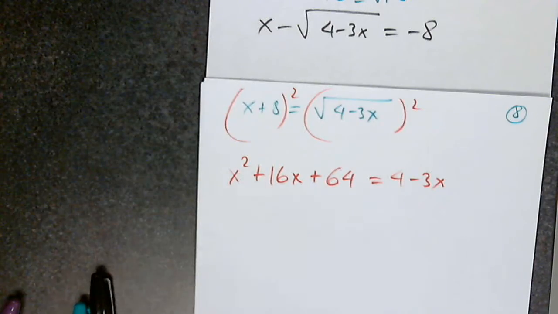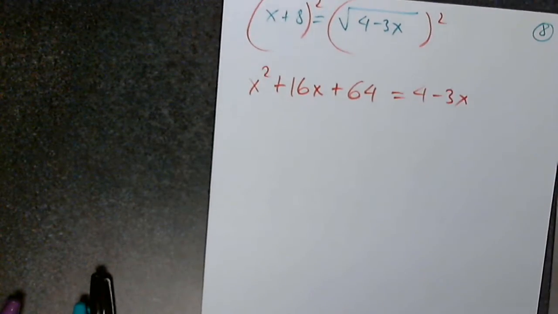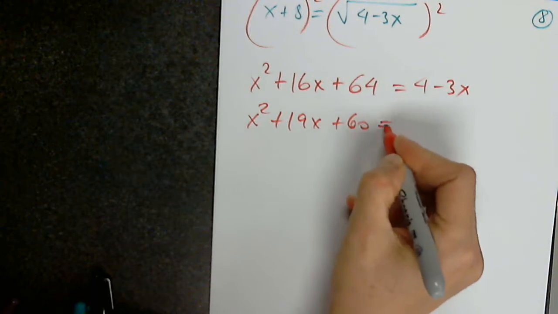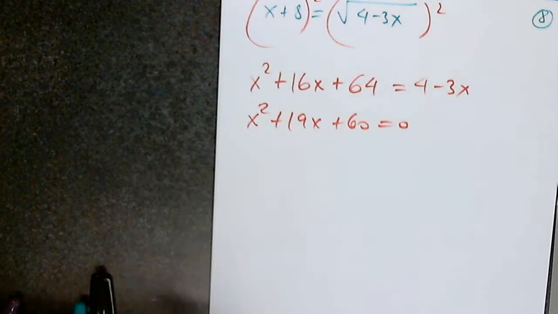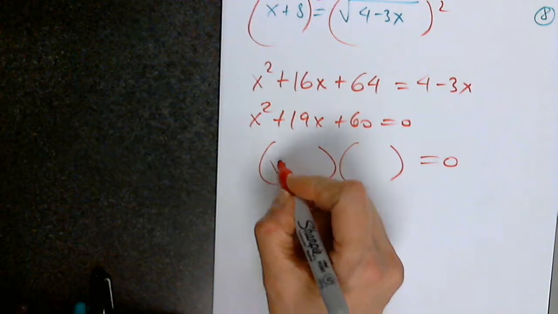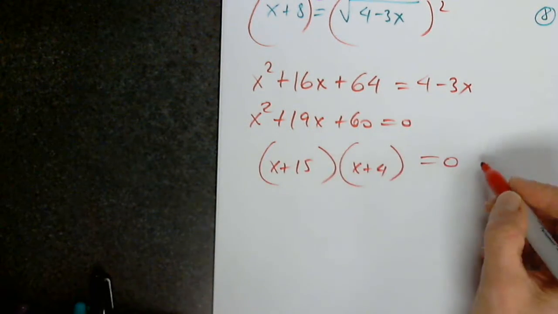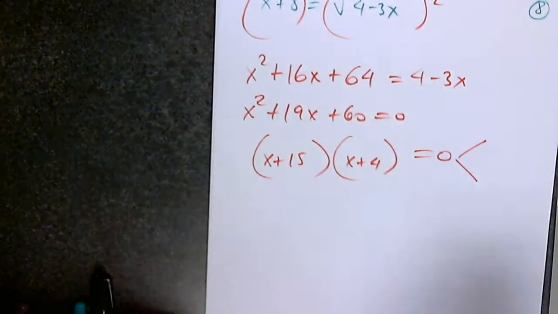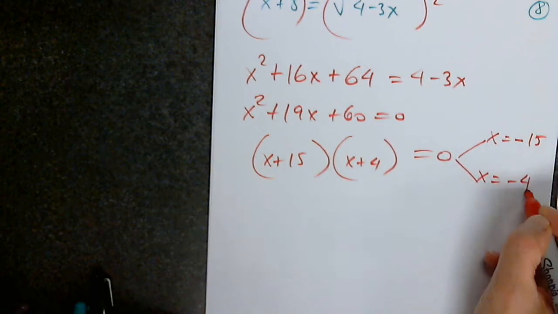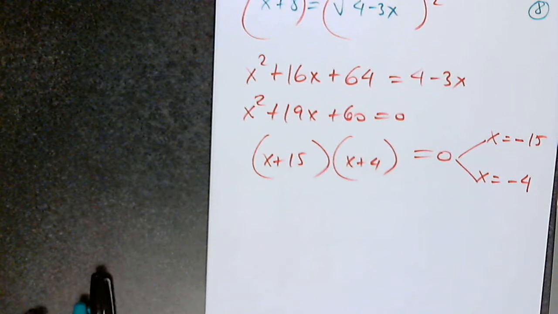So what is the equation now, after we move everything to one side? X squared plus 19x plus 60 equals 0. You want to try and factor it? Yes? Okay. 15. Good. So x plus 15 and x plus 4. So there are two possibilities. X equals negative 15 or negative 4. Is this good enough? No. What do I have to do now? Yes.